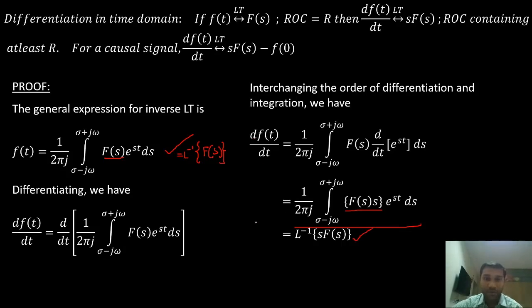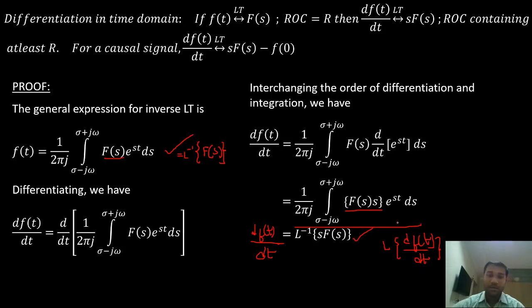So df of t divided by dt is equal to Laplace inverse of s into f of s. Now if I get this Laplace inverse to the other side, what will happen? It will be Laplace transform of df of t divided by dt is equal to s into f of s.